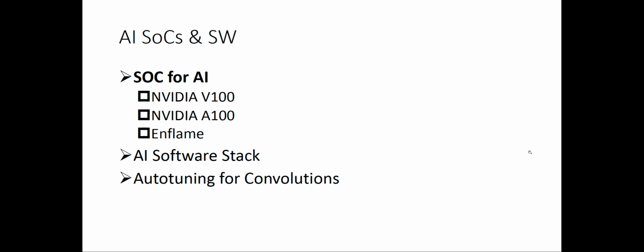In doing that, we first need to get a glimpse of the current mainstream SoC for AI ASICs, and also how we build on top of that the whole stack of software compilation framework. After these 2, we can learn how we do auto-tuning, or automatic performance tuning, on top of this software stack.